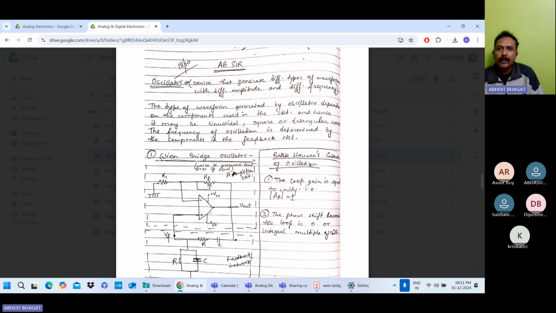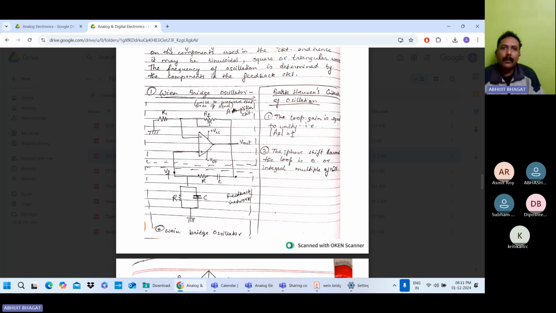The frequency of the oscillation is determined by the component in the feedback circuit. So, in case of oscillator circuit, one portion is for the amplification and other portion for the feedback.